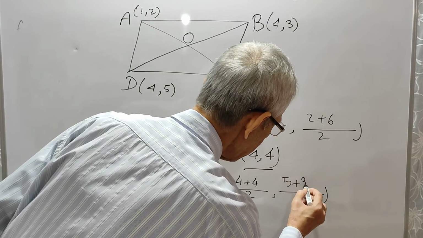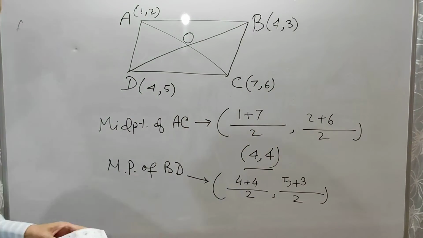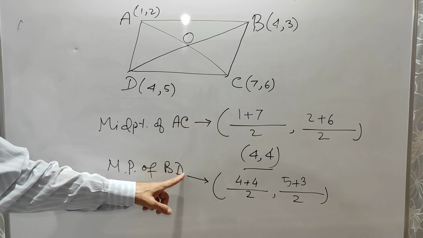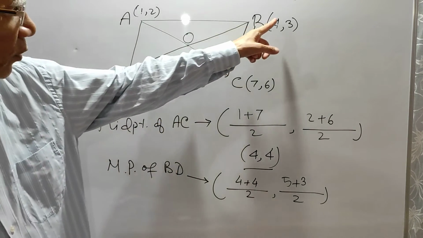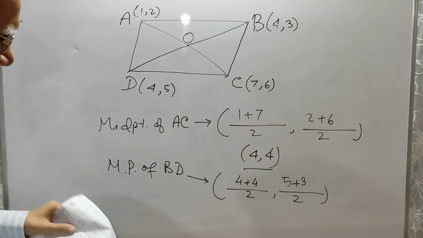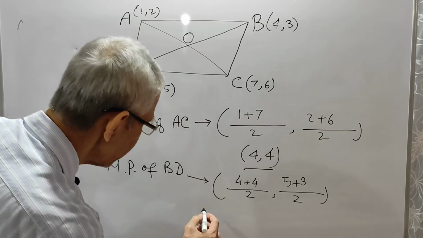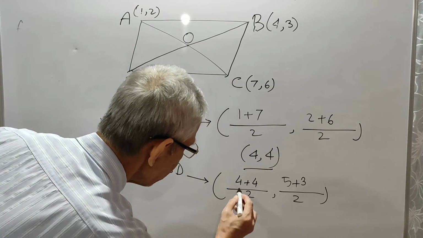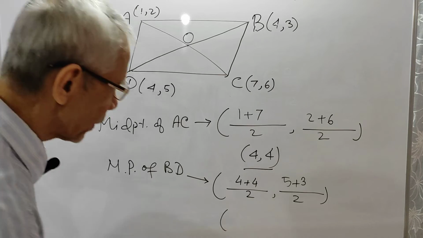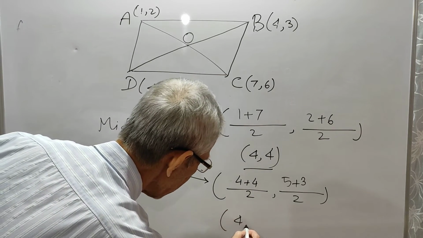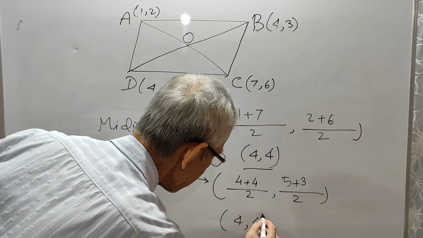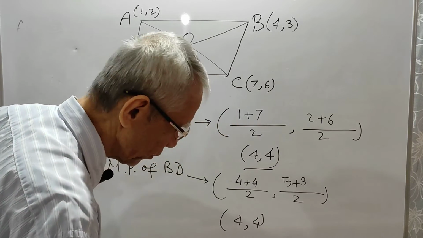So the midpoint of BD will be 4 plus 4 by 2 and 5 plus 3 by 2. So 4 plus 4 by 2, that means 8 by 2, 4. And 8 by 2, 4.